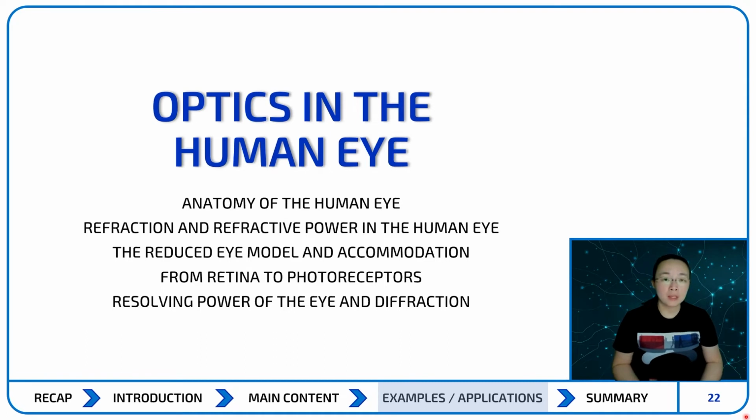There are so many different components. As biophysicists, we do have to consider a dumbed down or simpler version in order for us to apply certain equations. So we come up with something called the reduced eye model, and through that, we'll also learn about something called accommodation. Afterwards, we'll talk about the retina and photoreceptors, as well as the resolving power of the eye and diffraction. So the last part of it really has to do with resolution.